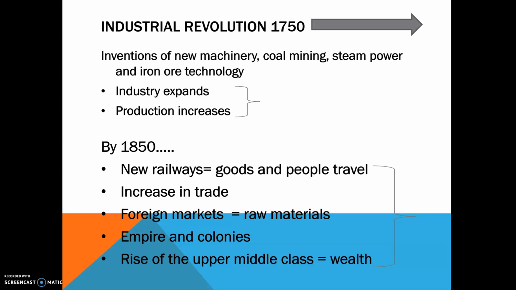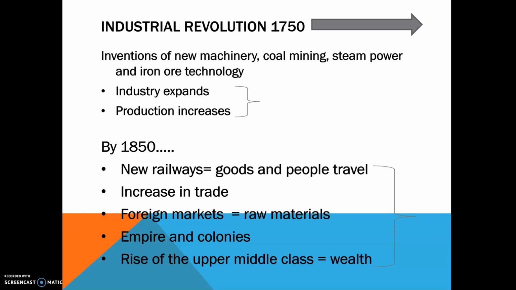You get therefore an increase in trade and the use of foreign markets. So raw materials coming in from outside of Europe or Britain, being manufactured in Britain and then being exported again. So this all ties in with the next point of the idea of colonialism and empire and colonies. And that's a whole really interesting history in itself.